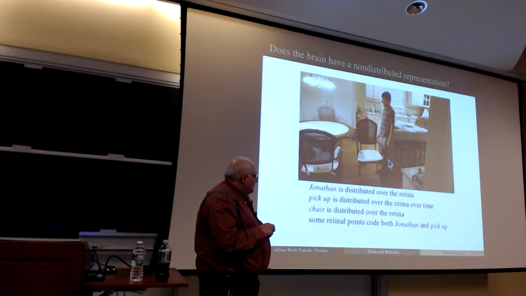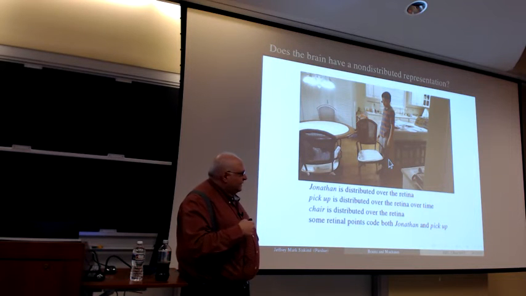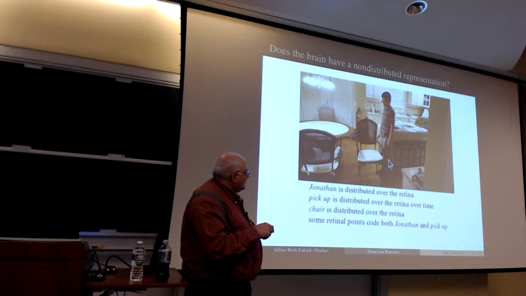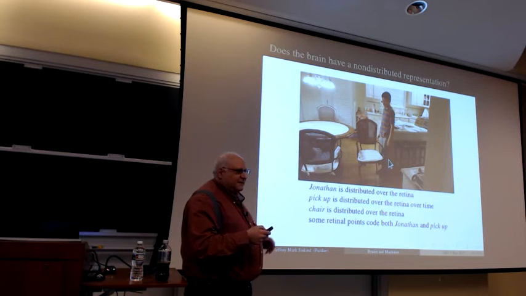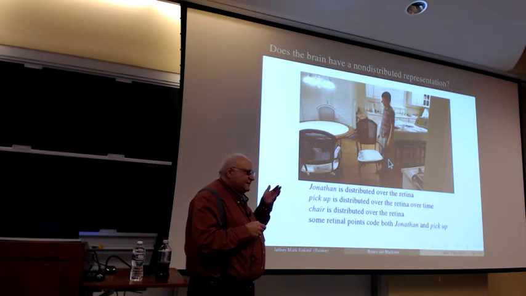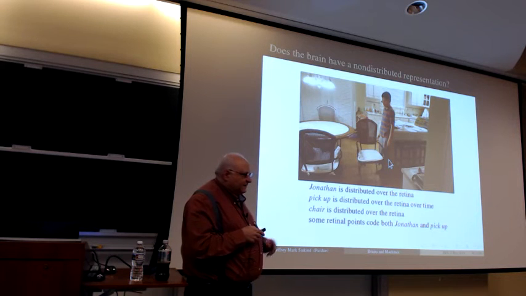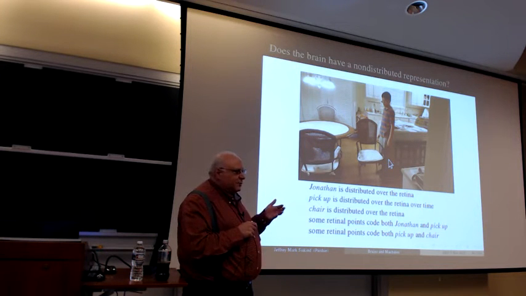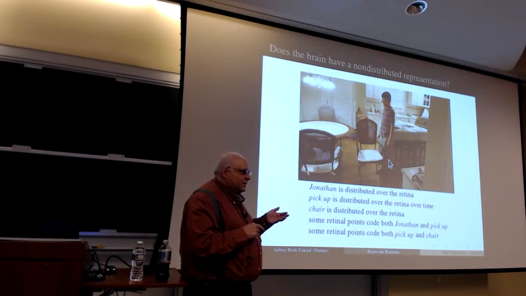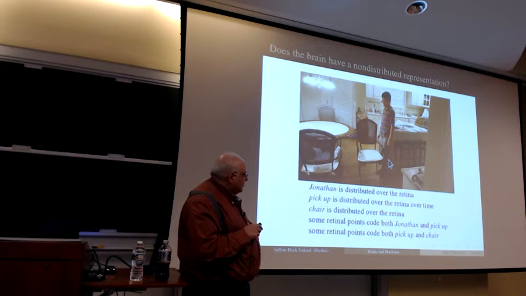Furthermore, some retinal points encode both Jonathan and pickup. So for instance, Jonathan is bending over to do the pickup, and that process encodes both the fact that it's Jonathan and the fact that he's executing a pickup operation. And some retinal points encode both pickup and chair. Like the chair is going to ultimately move upward. So those retinal points encode both the fact that it's a chair and the fact that it's moving upward.